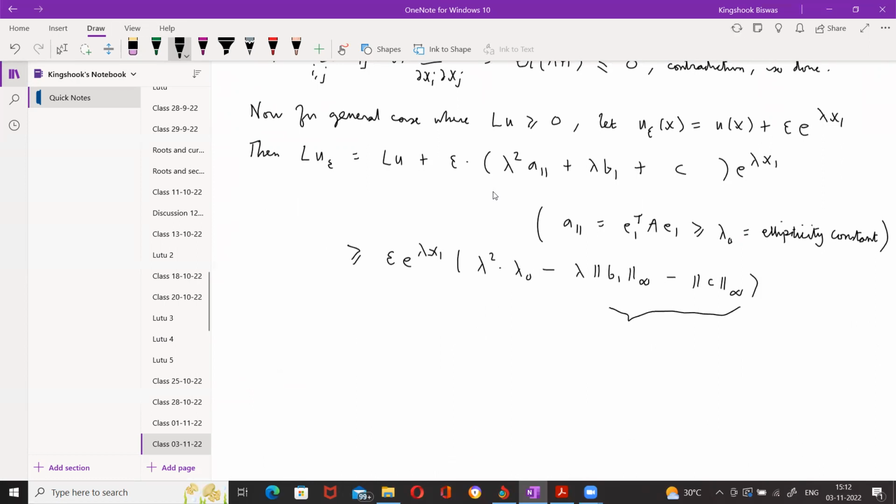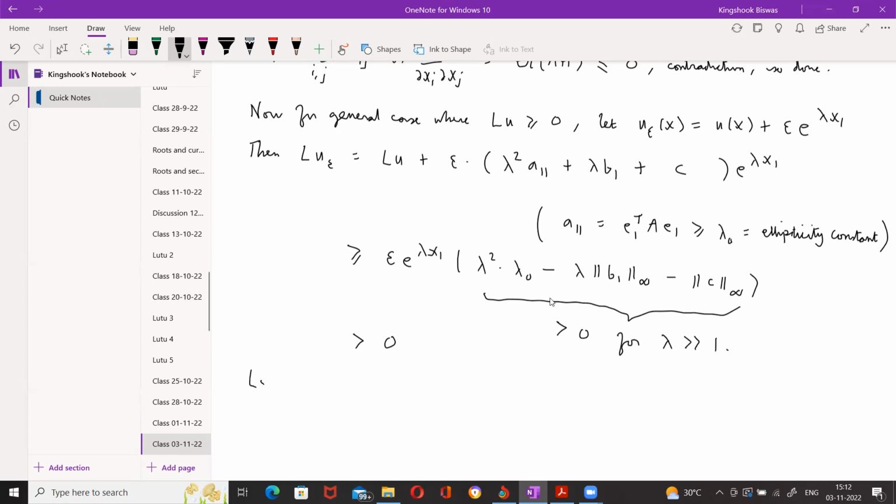It's a quadratic polynomial in lambda, so this is positive for lambda large enough. Is this clear? Yes, sir. Okay. So that means this is strictly positive. So therefore LU epsilon is strictly positive.